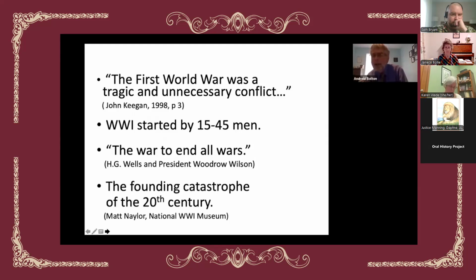Matt Naylor, a church member from Australia, who's amazingly the president and CEO of the American National World War I Museum in, of all places, Kansas City, had a grandfather who was a British soldier in that conflict. He has his kit on his desk.